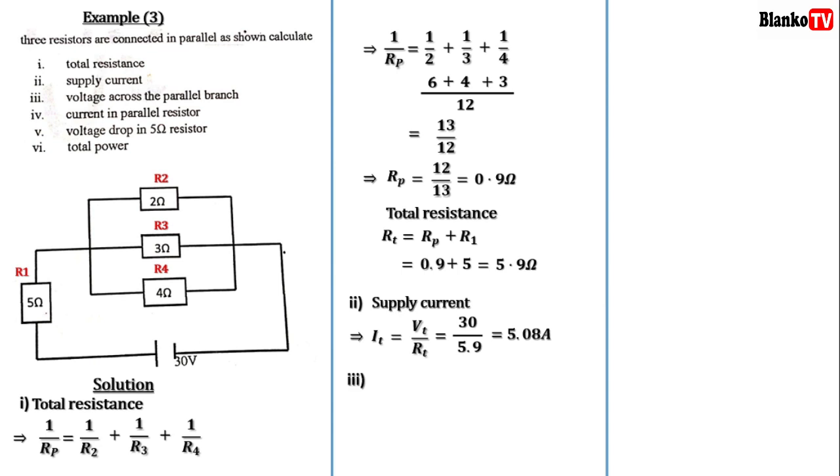Okay, so let's move on to the solution III, which is the voltage across the parallel branch. So from the diagram, I1 is the current that flows through resistor R1 and is the same as the supply current.